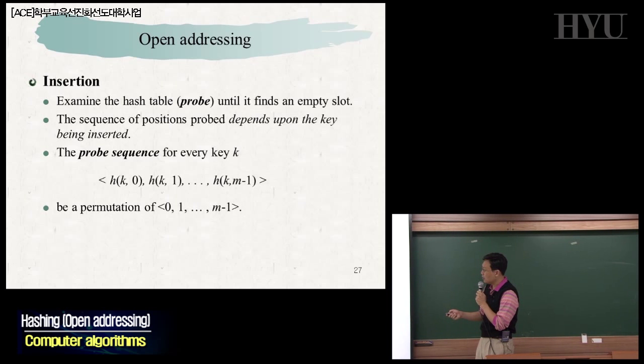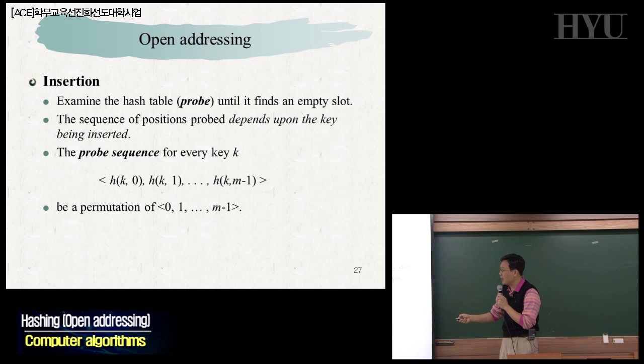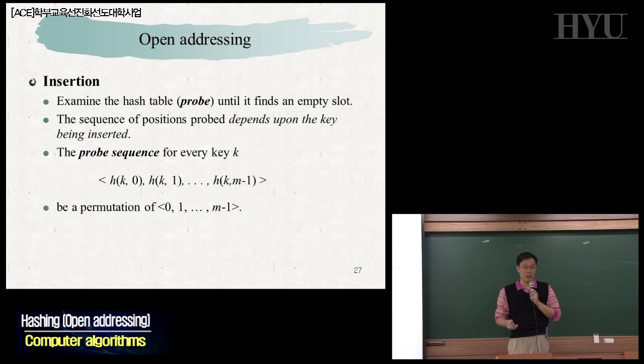This is the probe sequence for every key k, written like this. This is the hash value of key k for the first probing, and second probing, and third probing. In the case of linear probing, it's just +1. But in general, it can be any permutation of slots. Okay? Any permutation is possible.